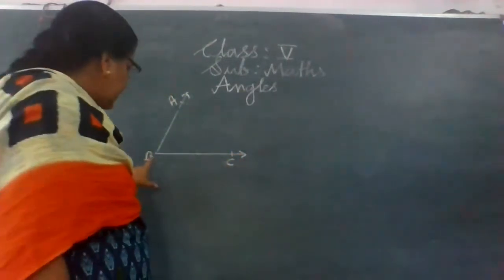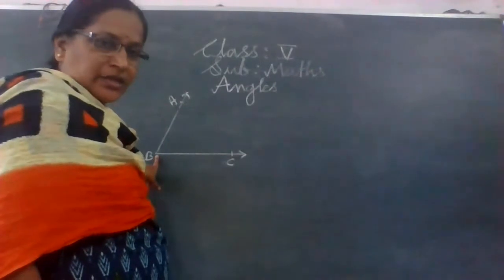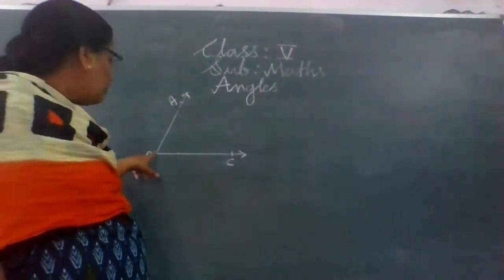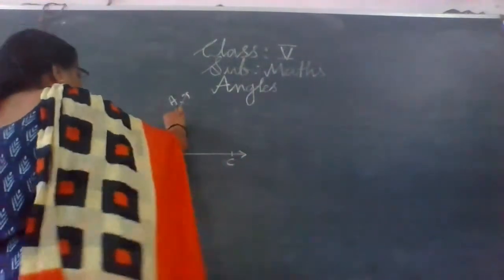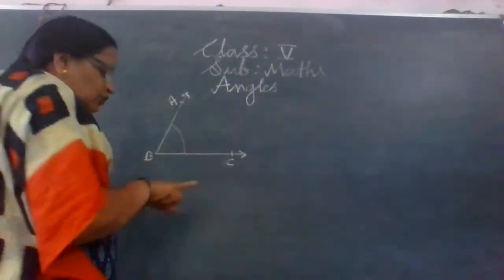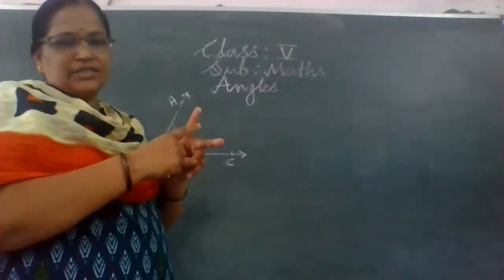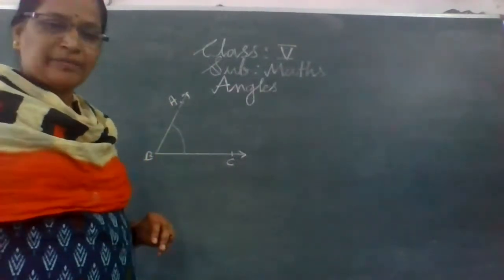They join together at the point B. So B is common for both the rays BA and BC. Here is the formation of an angle. When two rays are joined together, there is the formation of an angle.